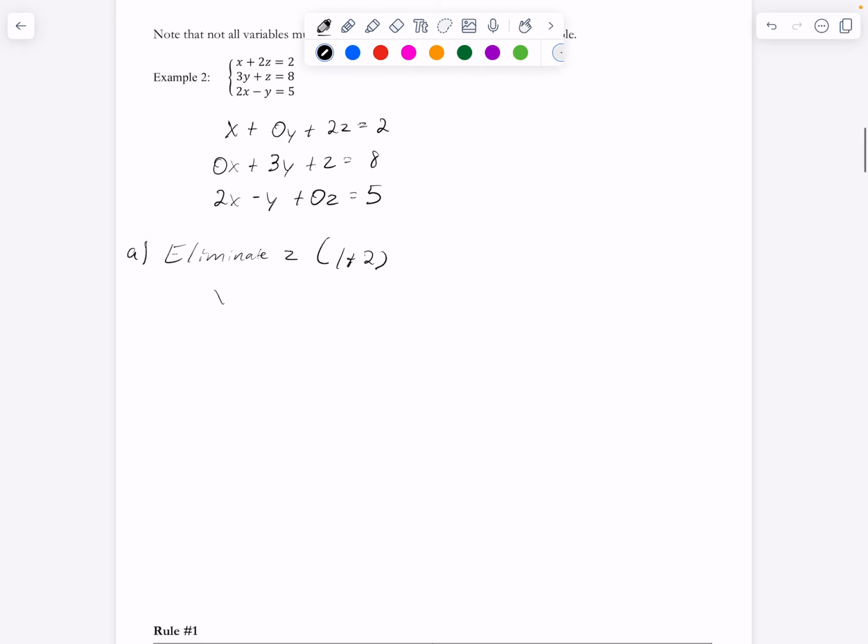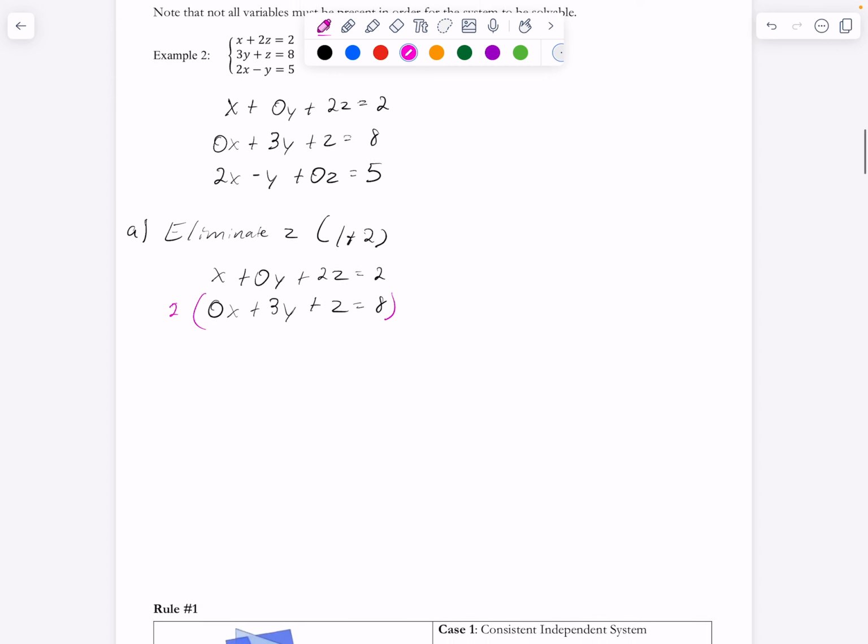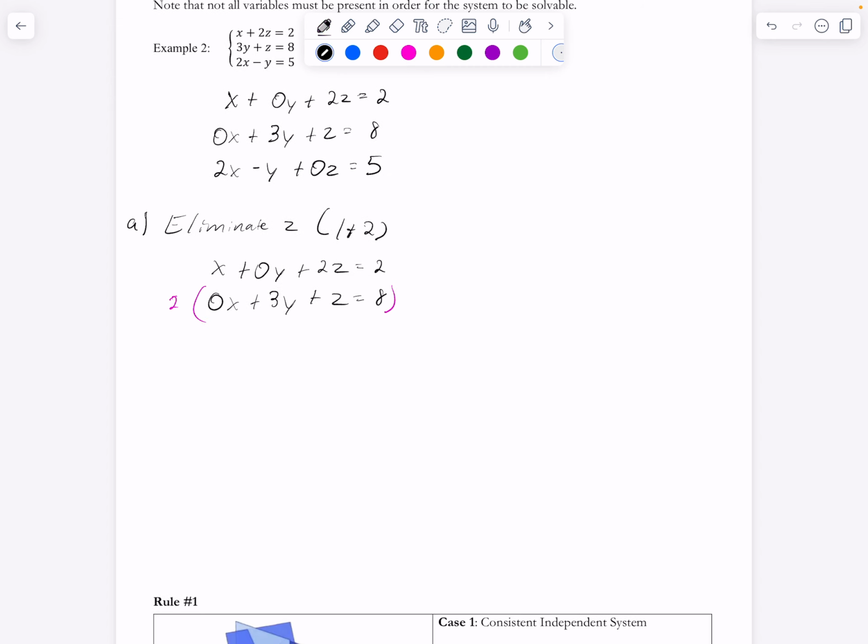Okay, so I'm going to write down x plus 0y plus 2z equals 2. 0x plus 3y plus z equals 8. So I'm going to multiply my second equation by 2, so I'll be able to subtract. So copying this down, I get x plus 0y plus 2z equals 2. 0x plus 6y plus 2z equals 16, and I'm going to subtract.